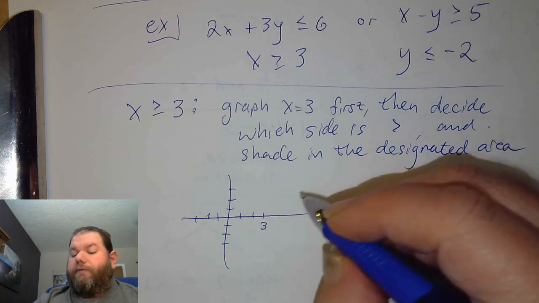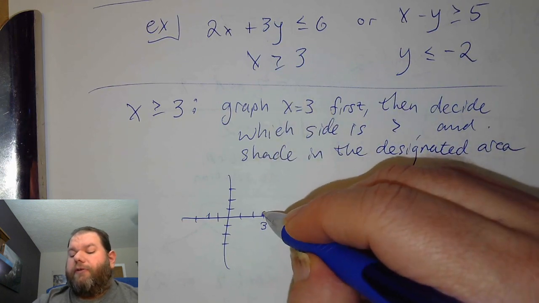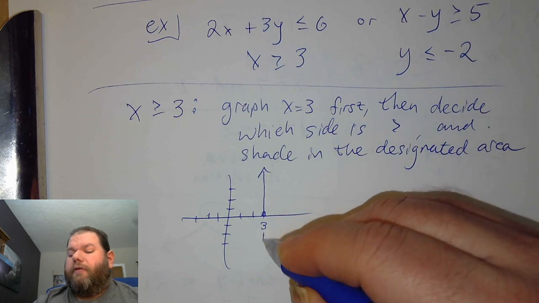Yeah, we know 3 is over here, and if we say x is equal to 3, that is a vertical line.